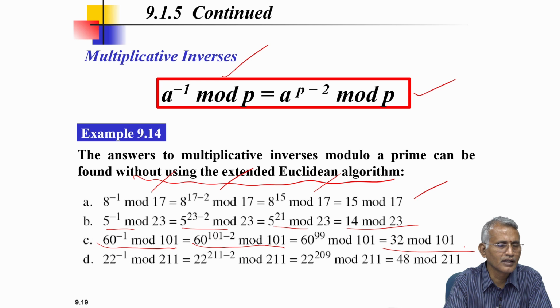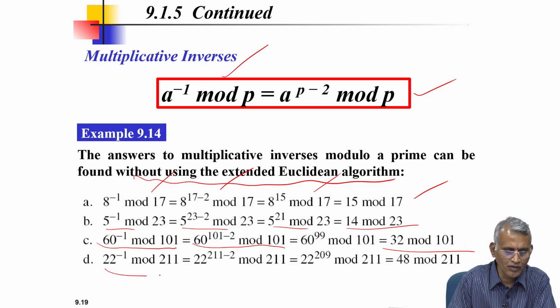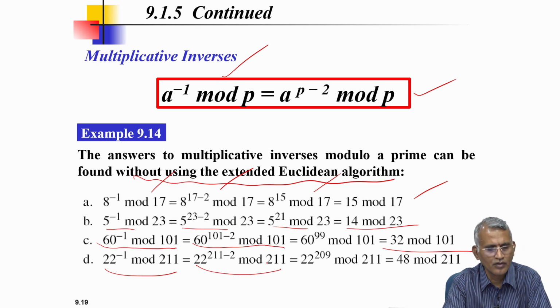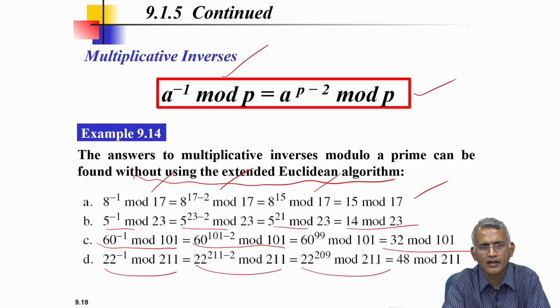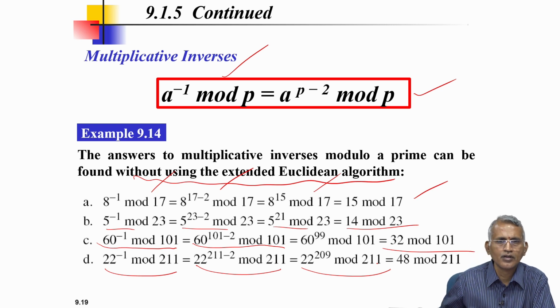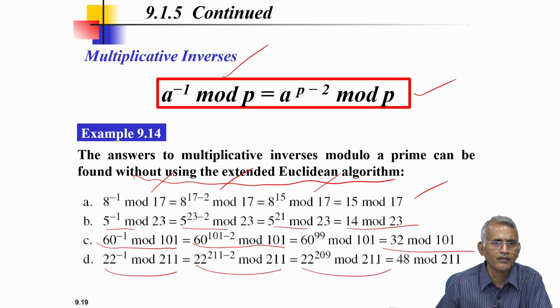And for the next example, 22 power minus 1 under modulo 211 is equal to 22 power 211 minus 2 under modulo 211. Therefore, 22 power 209 under modulo 211, which is equal to 48 under modulo 211.